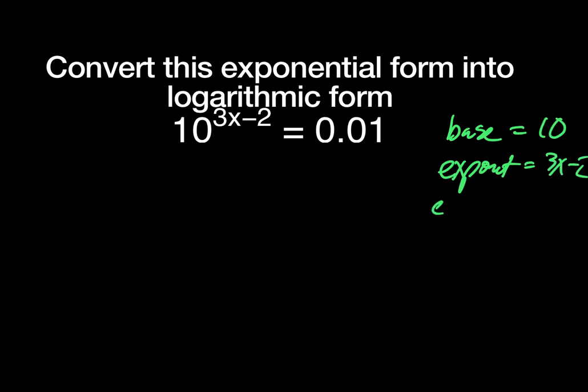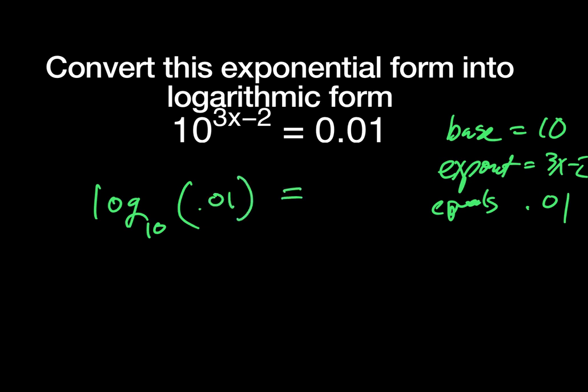And what does it equal? 0.01. So as logarithmic form, it's going to be log base 10, because that's what the base is, of 0.01 equals 3x minus 2.